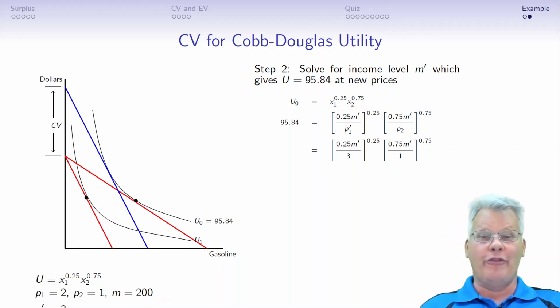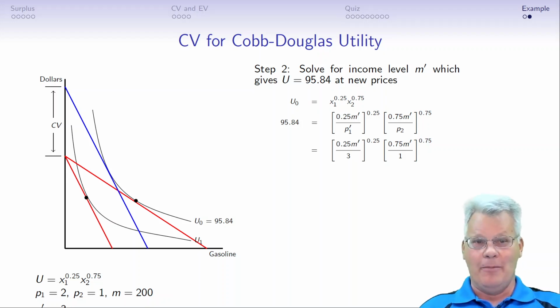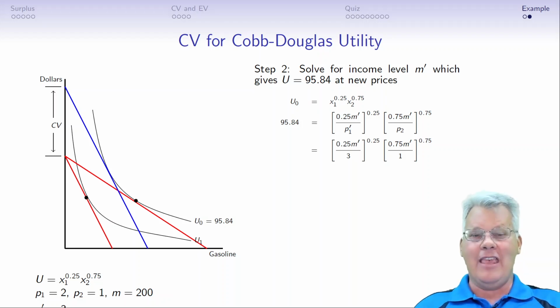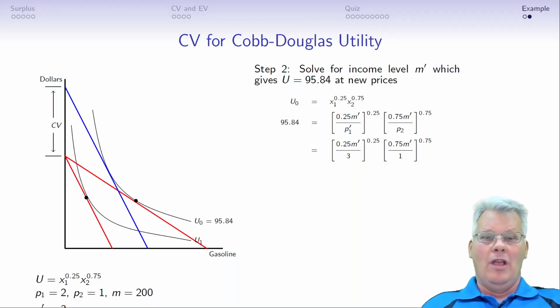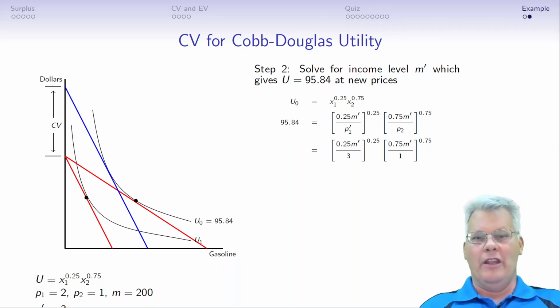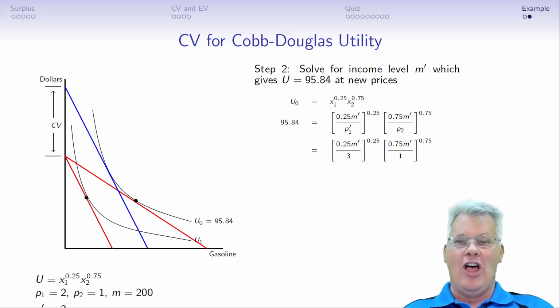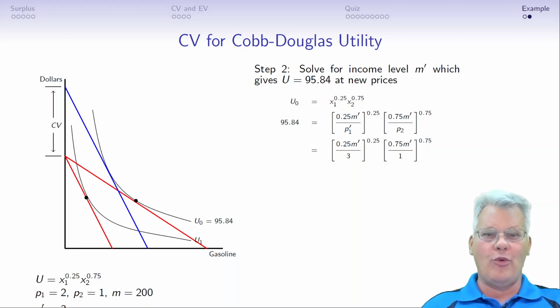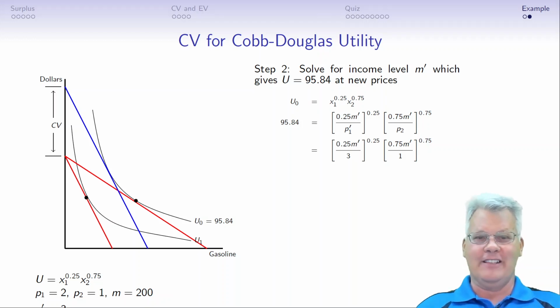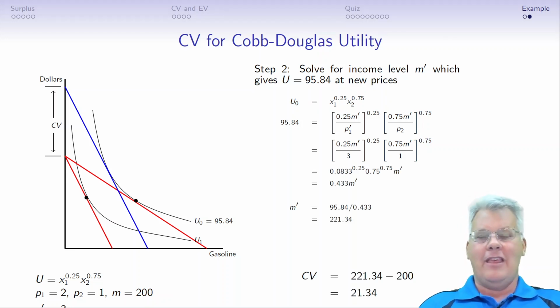And then I substituted for x2 the demand function for x2 at the new income level and at the unchanged price. Okay. Then, going from the second line to the third line, I've substituted in prices. The price of good 1 is 3, and the price of good 2 remains fixed at 1. And then it becomes manipulation time.